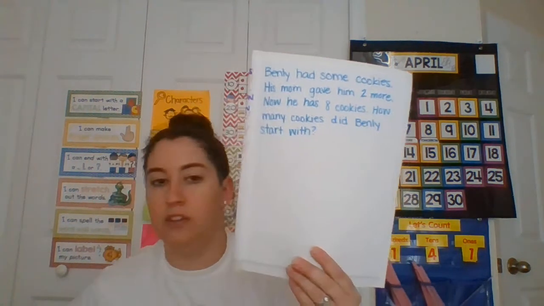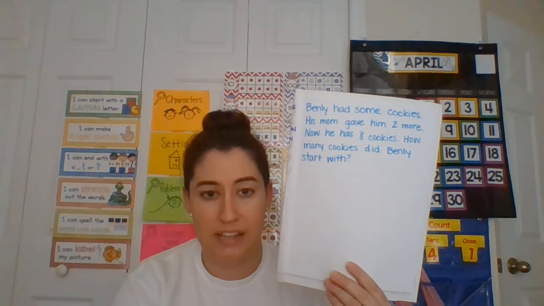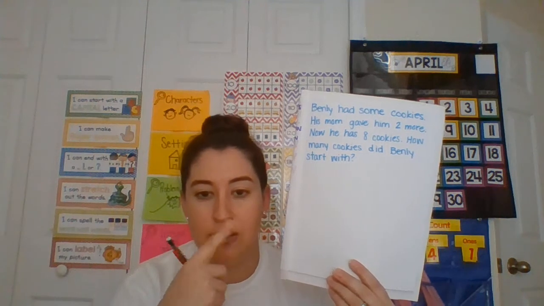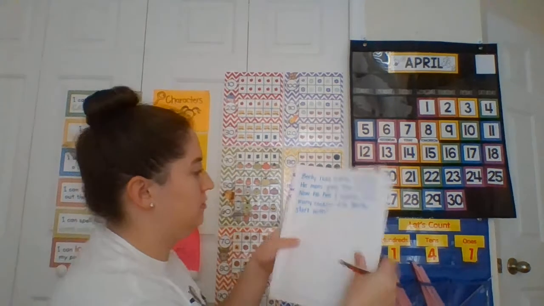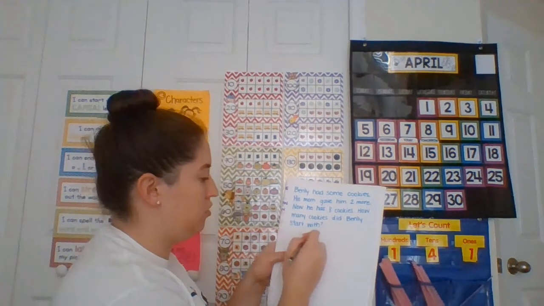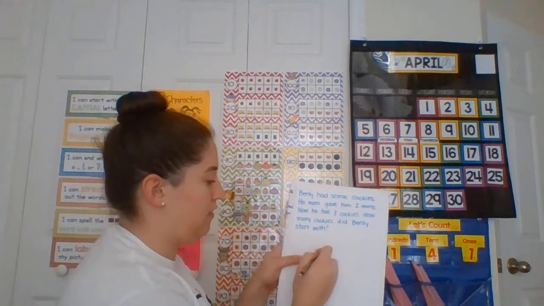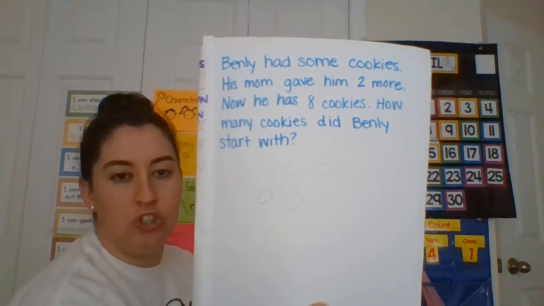Okay, so here we go. Bentley has 8 cookies all together. So I'm going to draw 8 dots. 1, 2, 3, 4, 5, 6, 7, 8. There we go. He has 8 cookies.